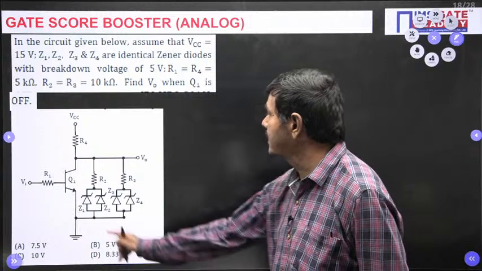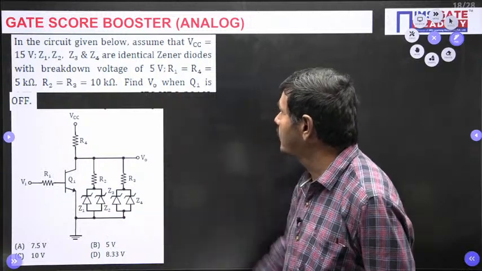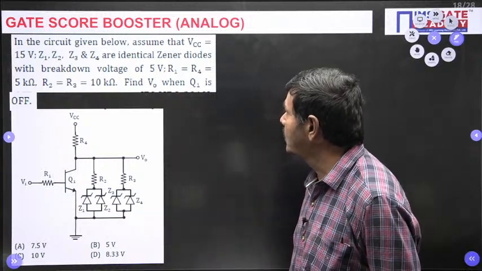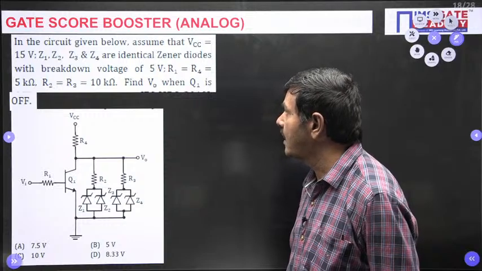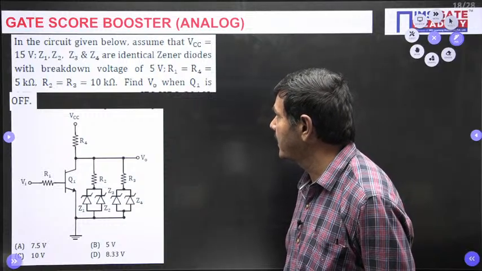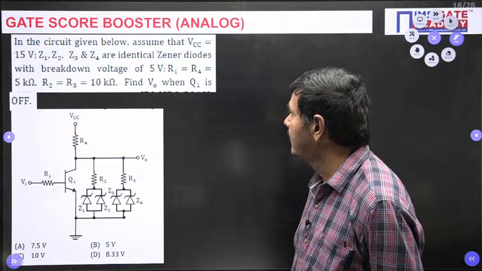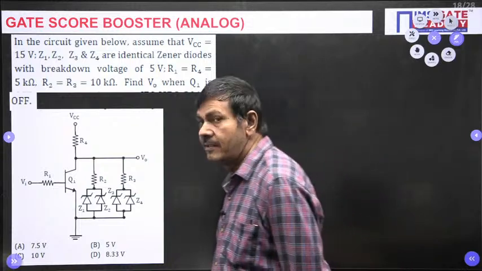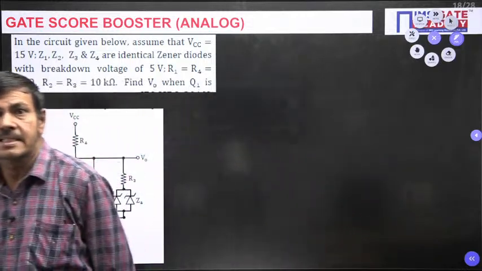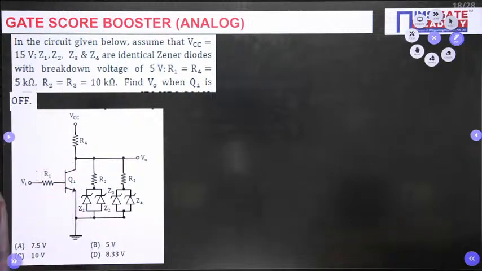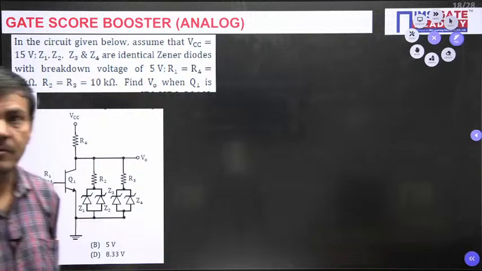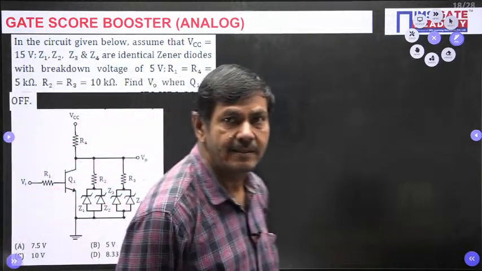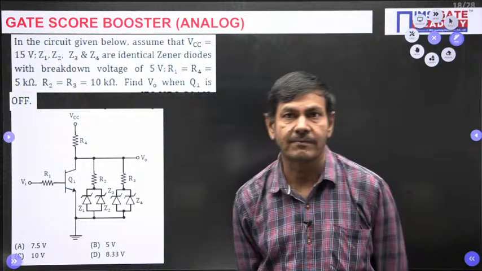The voltage drop across each Zener diode is 5 volts. R1 equals R4 equals 5 kilo ohms, R2 equals R3 equals 10 kilo ohms. Find V0 when Q1 is off. That means, when the transistor is off, you find V0.